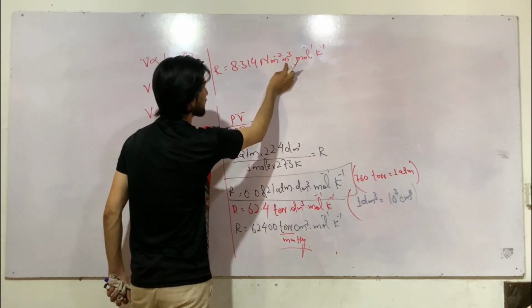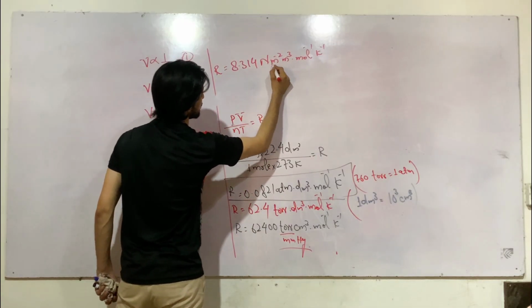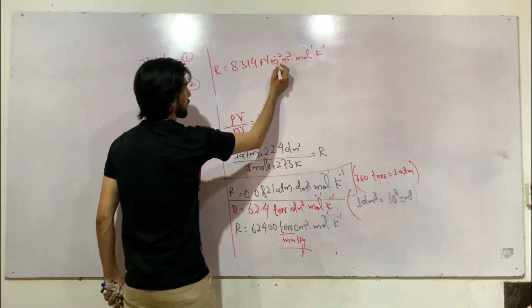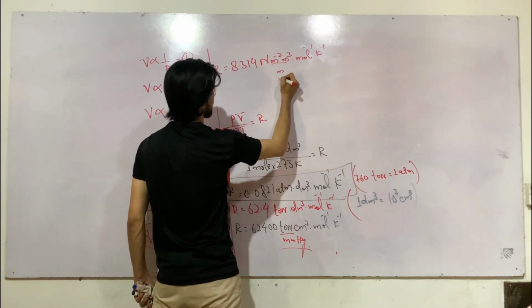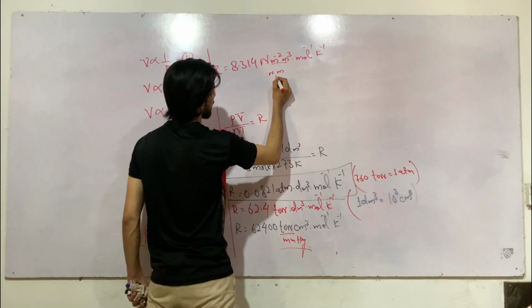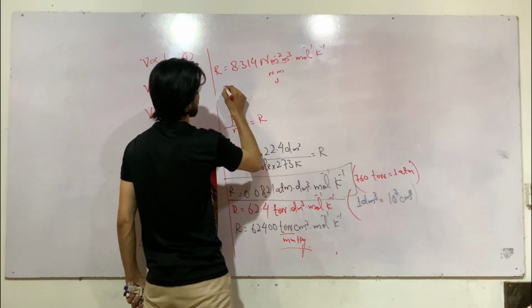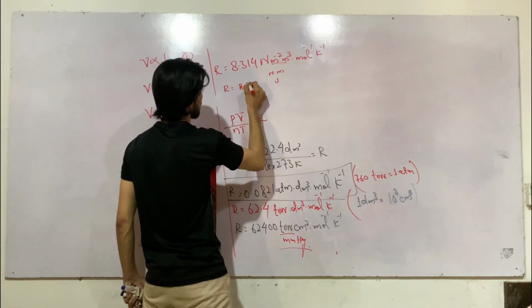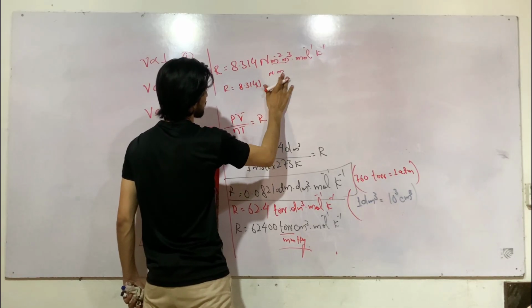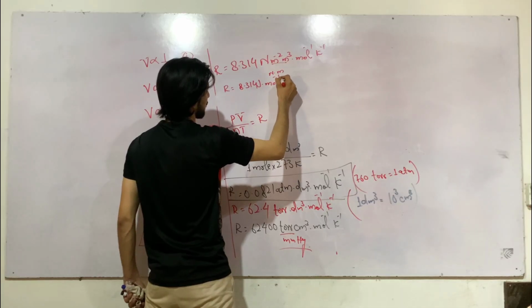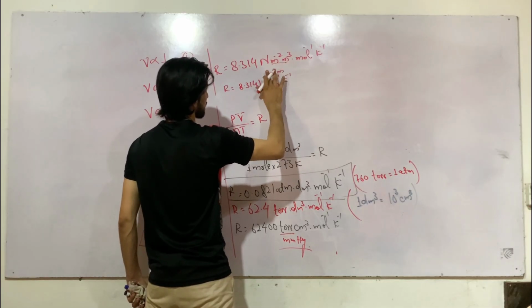And if meter cube multiplies with per meter squared, what I get is meter. So Newton meter, I can replace with joules. So the value of R becomes 8.314 joule, and all the other units remain the same, per mole per Kelvin.